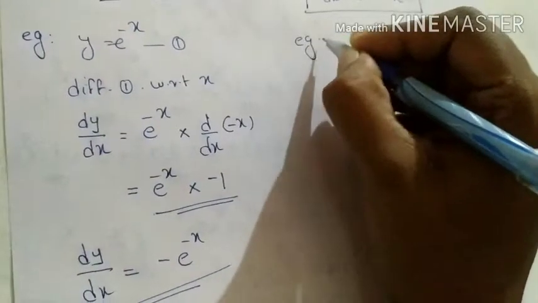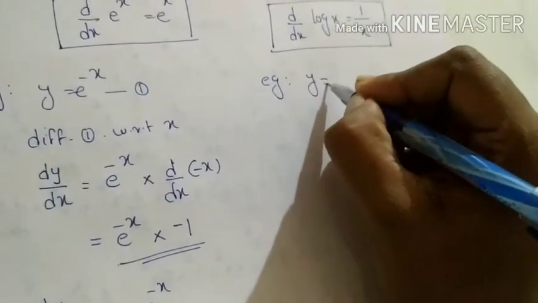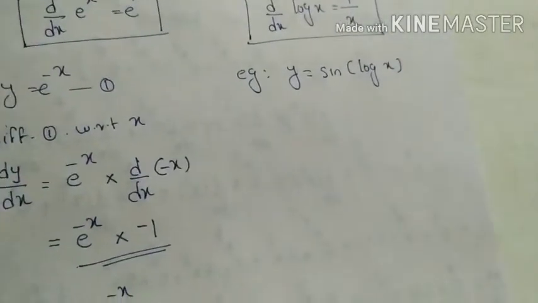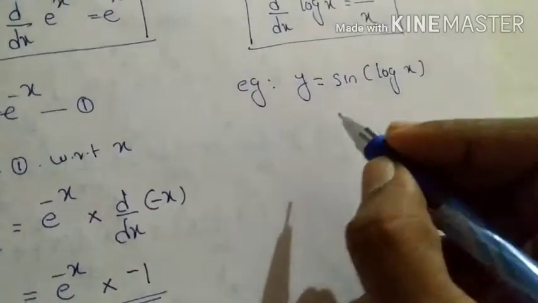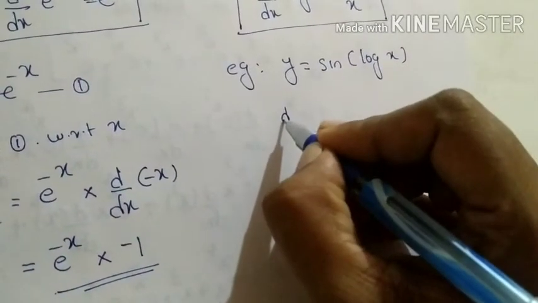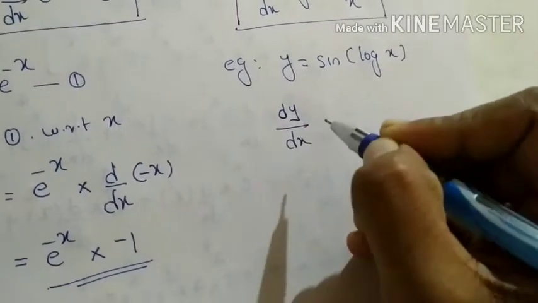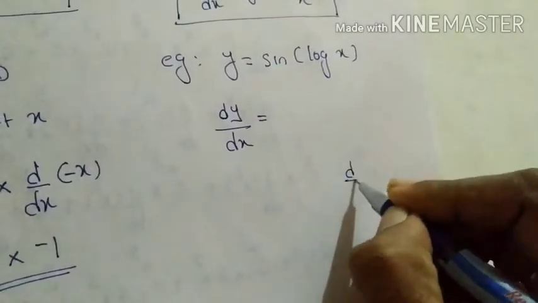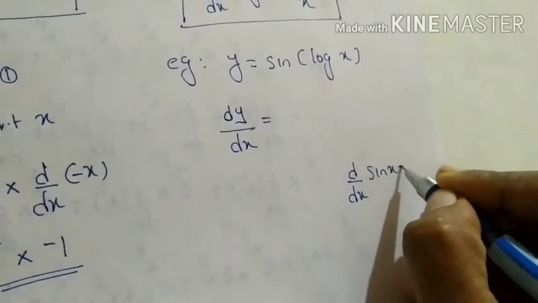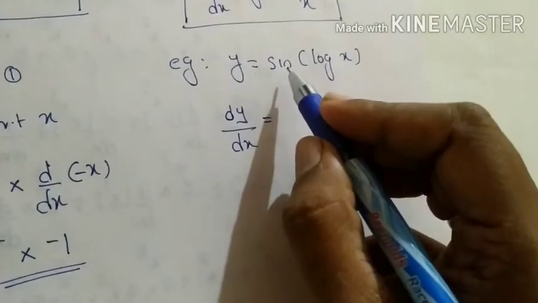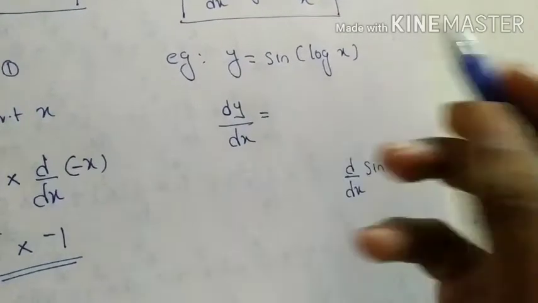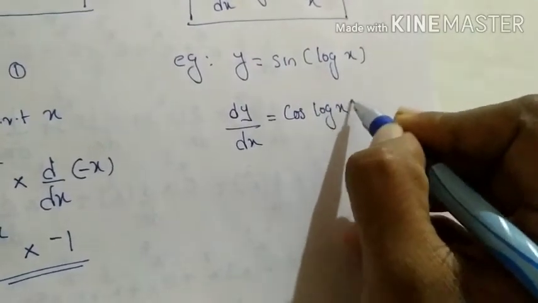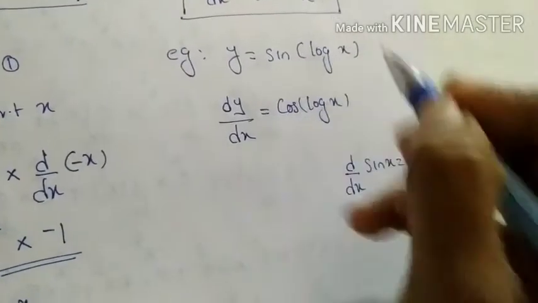Next example: let y equal to sine of log x. Differentiating on both sides, we get dy by dx equal to the derivative of sin x, which is cos x, but here we need to find the derivative of sine of log x, so it becomes cos of log x, replacing this x by log x.